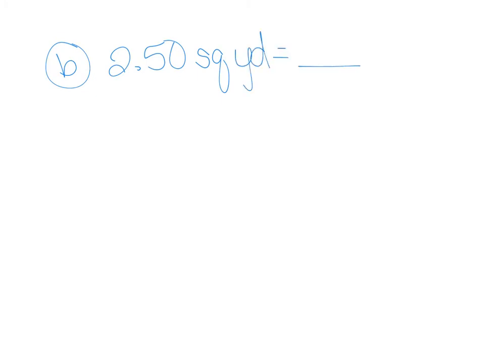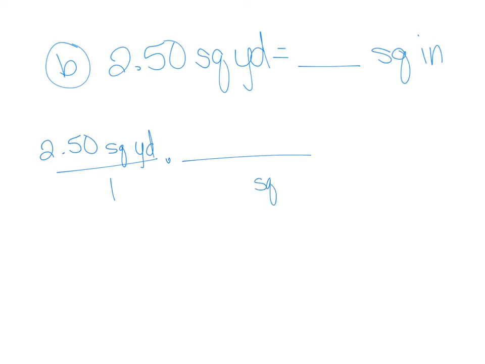For this next one, we are converting 2.50 square yards to square inches. So again, starting with what I have, so 2.50 square yards over 1 times, we're going to cancel square yards, so they need to go in the denominator, and square inches need to go in the numerator. And from the previous table, we know that 1 square yard has 1,296 square inches.